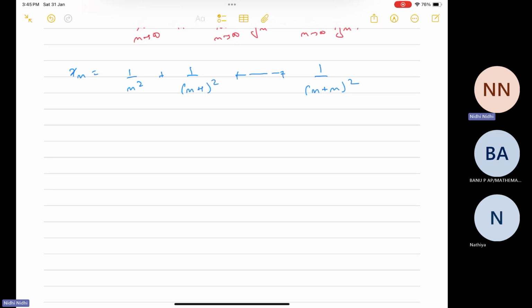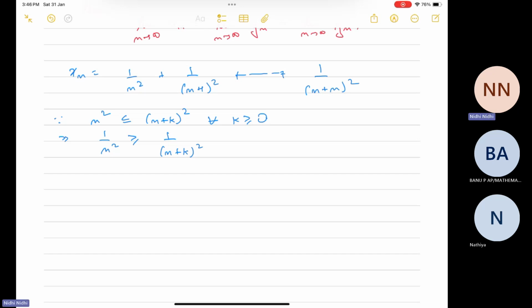For that, we'll use the fact that n square is less than or equal to n plus k square for every k positive. Obviously n plus k is greater than n, and taking square will eventually give us the same inequality.